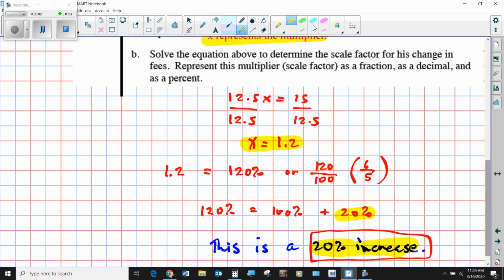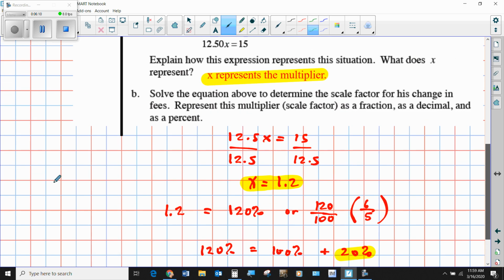Now, I could show this using the percent proportion very quickly, where we just say, okay, how much did it go up? To go from $12.50 to $15, it went up by $2.50. That's the amount of the change. Out of $12.50, what percent does that turn into?